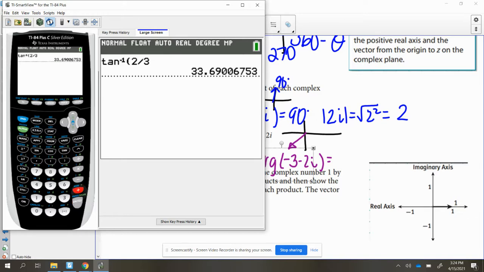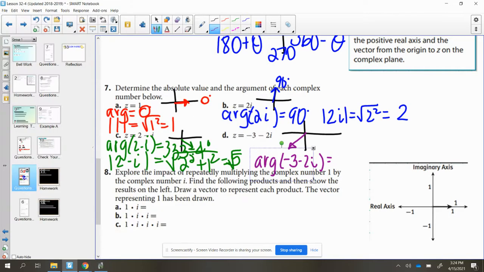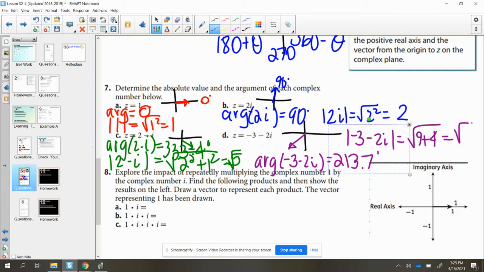And I know this is quadrant 3, however, so I need to make sure that I add 180 degrees so that it makes sense where this value actually ends up, a quadrant 3 value, since we went to the left and down, so 213.7 degrees. And then absolute value of this, square root of 3 squared plus 2 squared is the square root of 13 on that one.